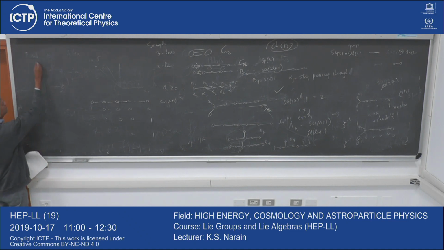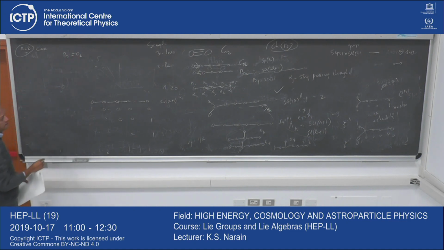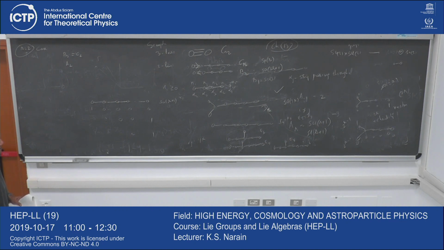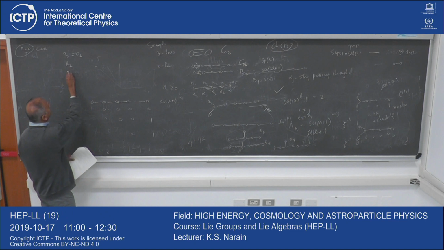So SU3. We are taking the rank R equal to 2 case. We have the possibilities: B2, which is equal to C2, and then A2. What else? Let's call it D2.